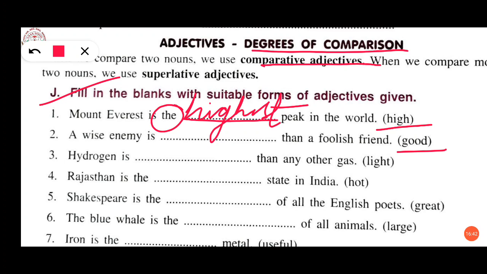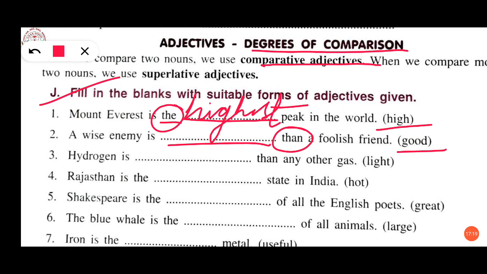I have given you one hint in the first one: if the is given before the blank, you have to use the superlative adjective. And after the blank, if than is given, it means we have to do a comparison. Then comparative adjectives you will use.